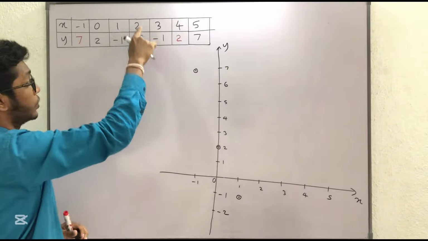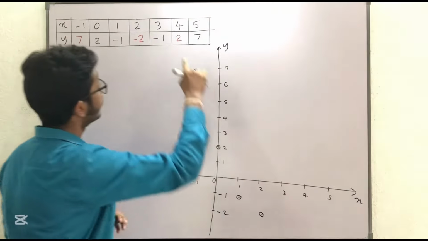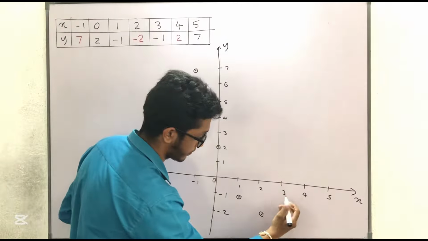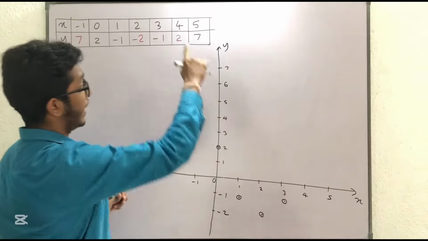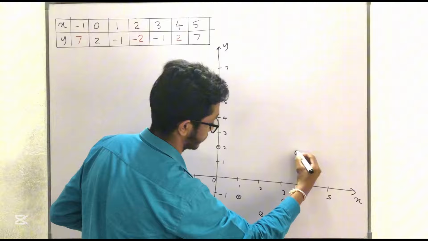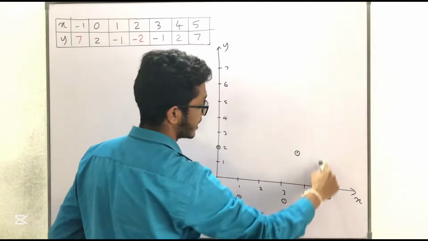When x equals 2, y is -2. When x equals 3, y is -1. When x equals 4, y is 2. When x equals 5, y is 7.